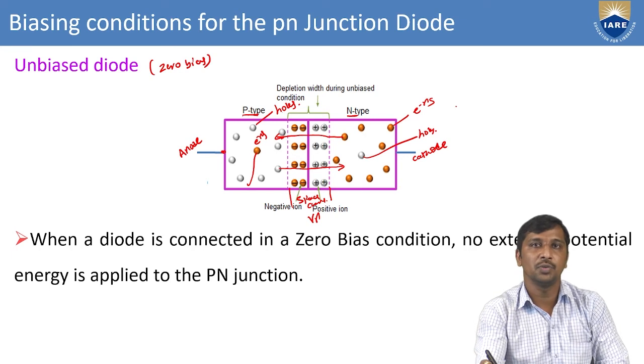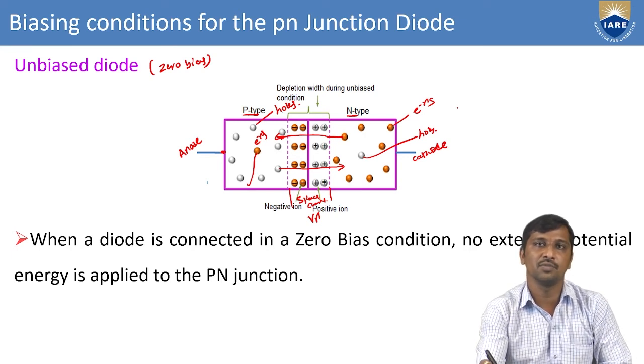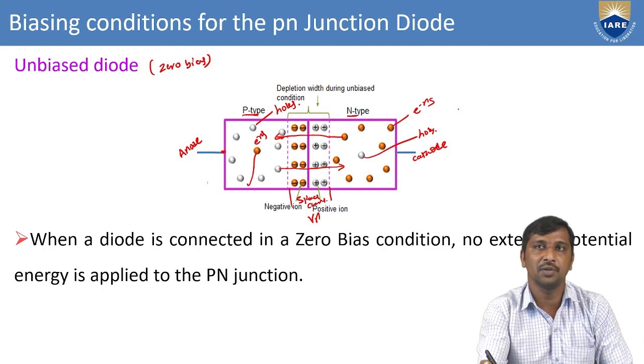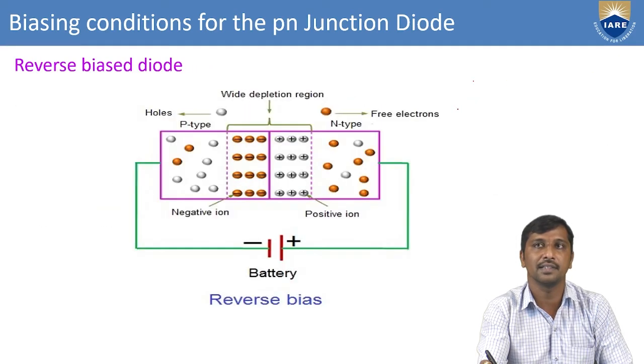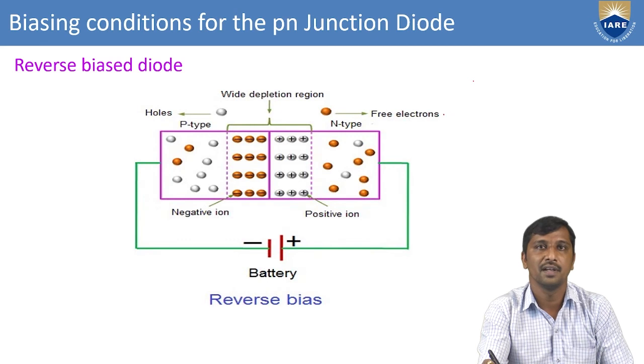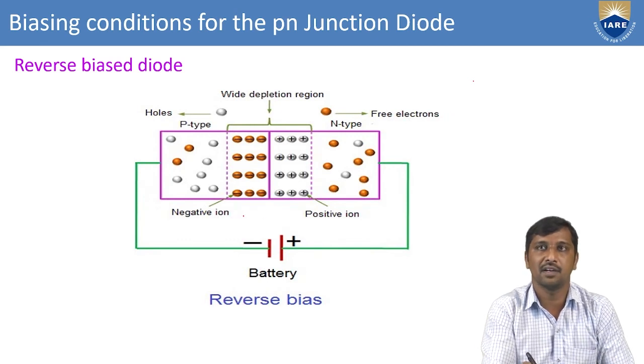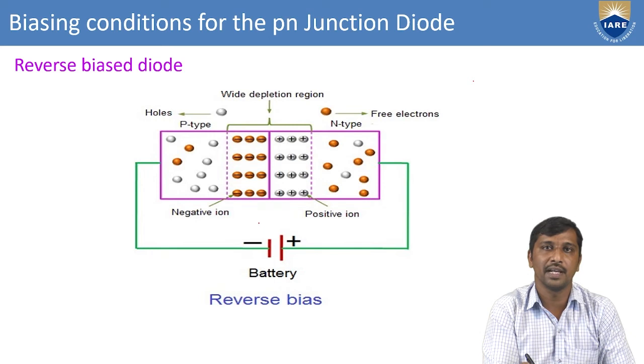What happens due to applying this reverse biasing voltage across this PN junction? If you observe the unbiased diode and the reverse biased configuration, the space charge region, or depletion width region, increases. I'll explain why this depletion width region increases compared with your unbiased diode.